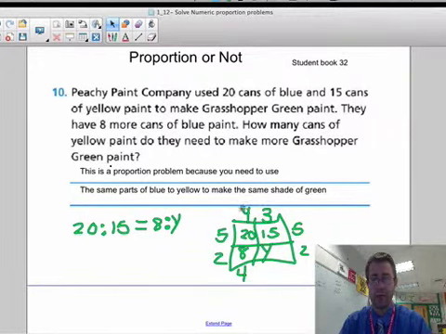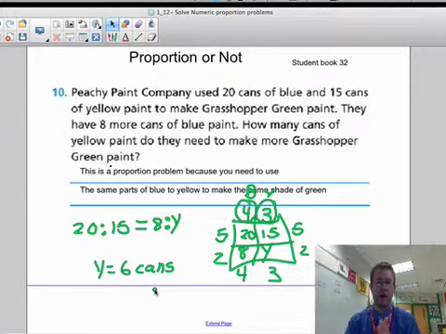So for every 4 cans of blue, I need 3 cans of yellow. So if that's the case, I would need 6 more cans to make my same color. So y equals 6 cans.